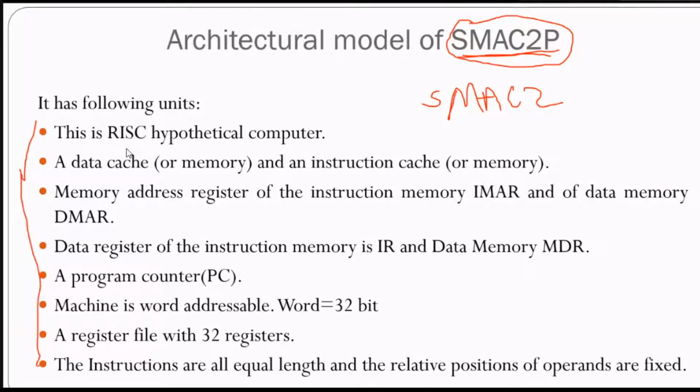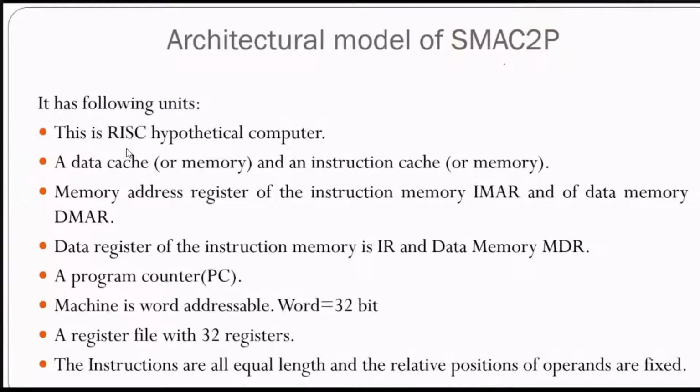So these are the characteristics, you can say the architecture of our hypothetical processor, hypothetical computer. So in this hypothetical computer, we have implemented RISC architecture. What is the meaning of RISC now? RISC means reduced instruction set computer.